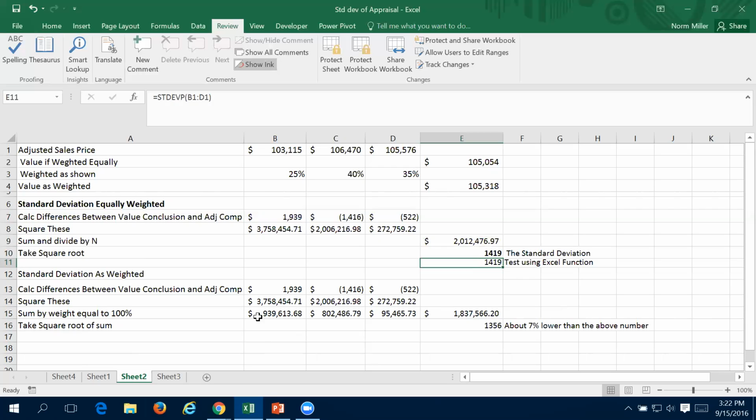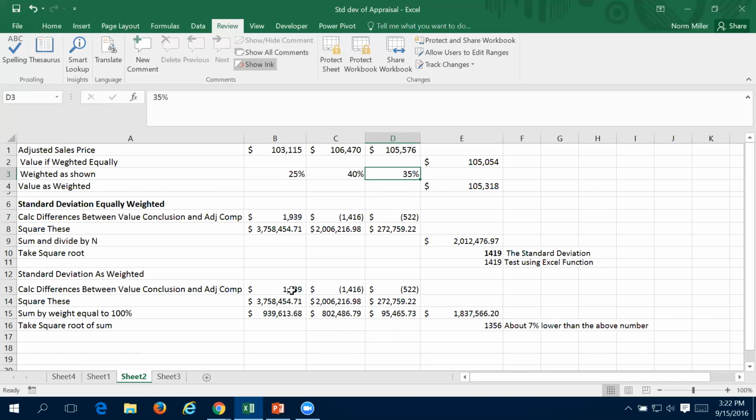Now, had I weighted the standard deviation differences by the percentages that we have here on comparability, I'd get a pretty similar result, but slightly less because we put more weight on those properties that are more like the subject property.